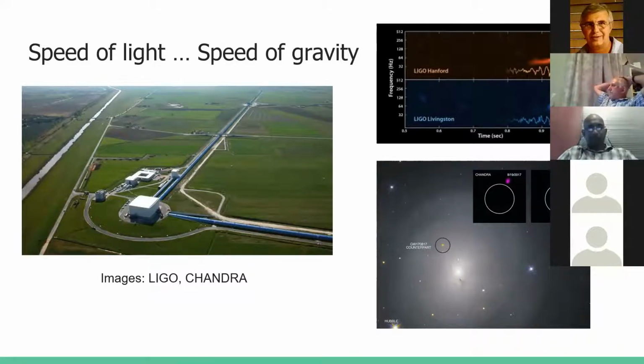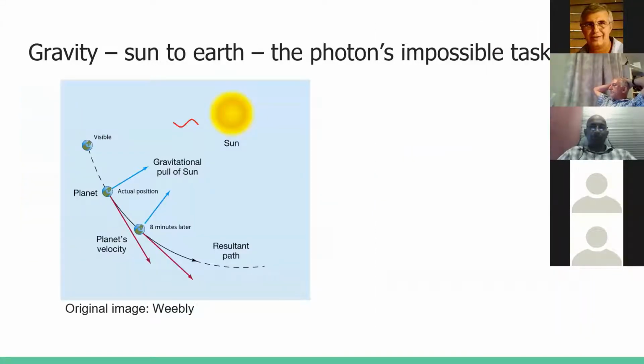This gives us confirmation that X-rays, being light or electromagnetic radiation, arriving at the same time as the gravitational waves, tells us that gravity moves at the speed of light. So this is what we know about gravity.